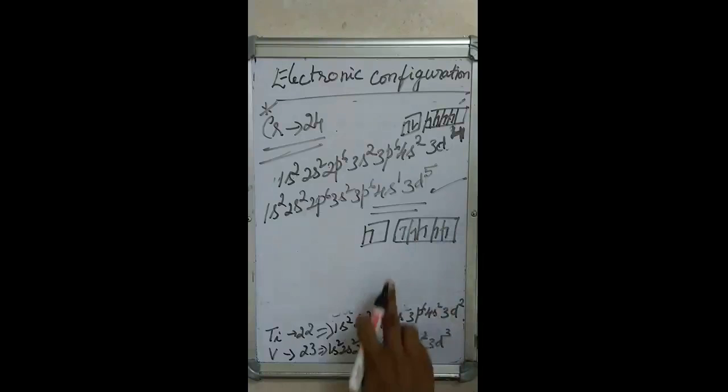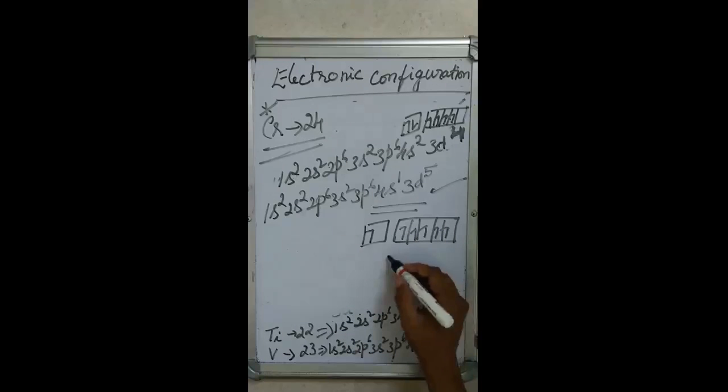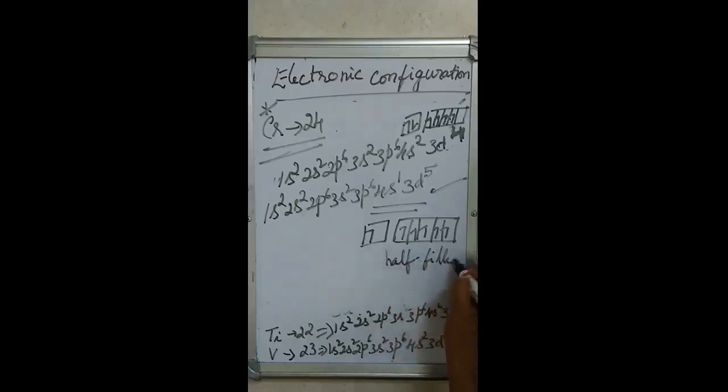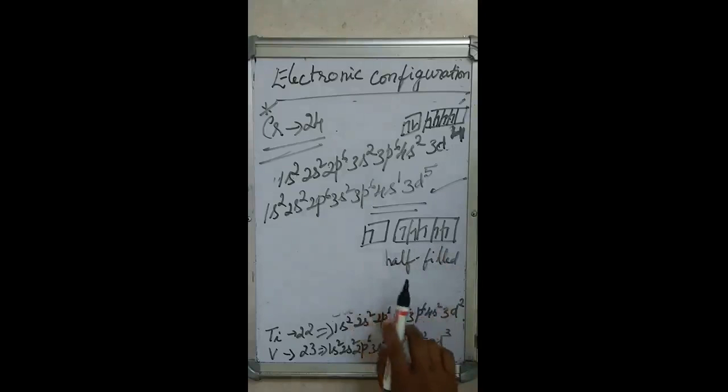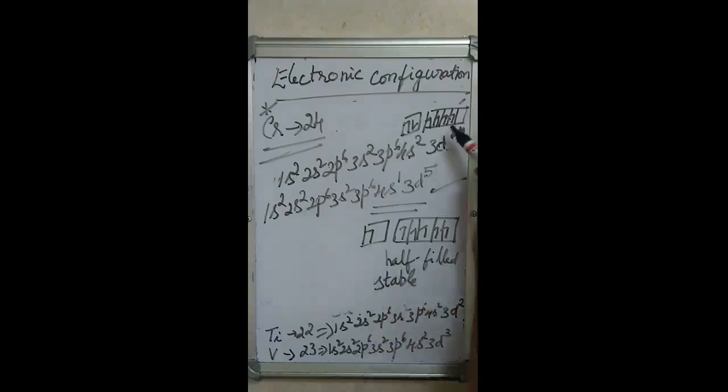Now this is called a half-filled configuration. The d orbital is half-filled. So the half-filled configuration is most stable. Here what happened?